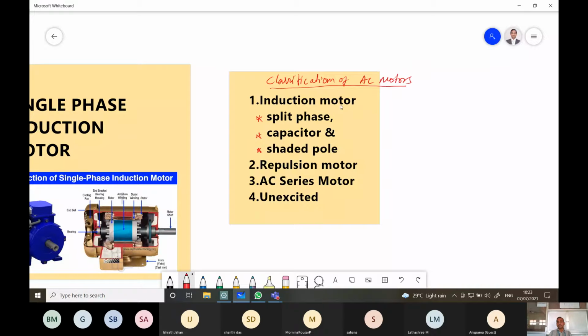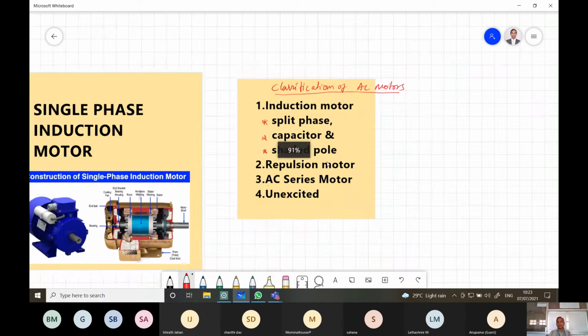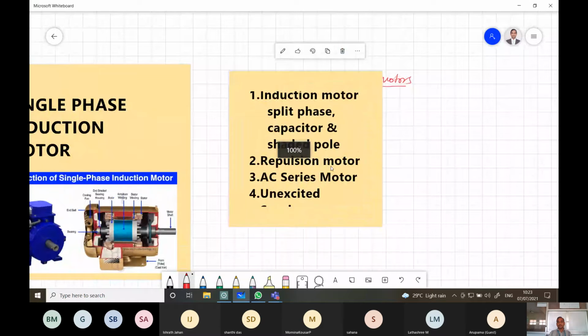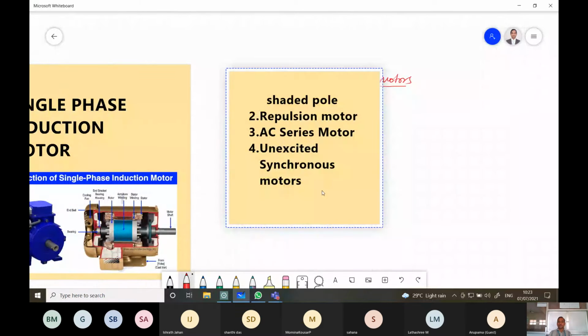Apart from the induction motor, the AC motors are repulsion motors, AC series motors and unexcited synchronous motors. These are the different classifications of single phase motors.